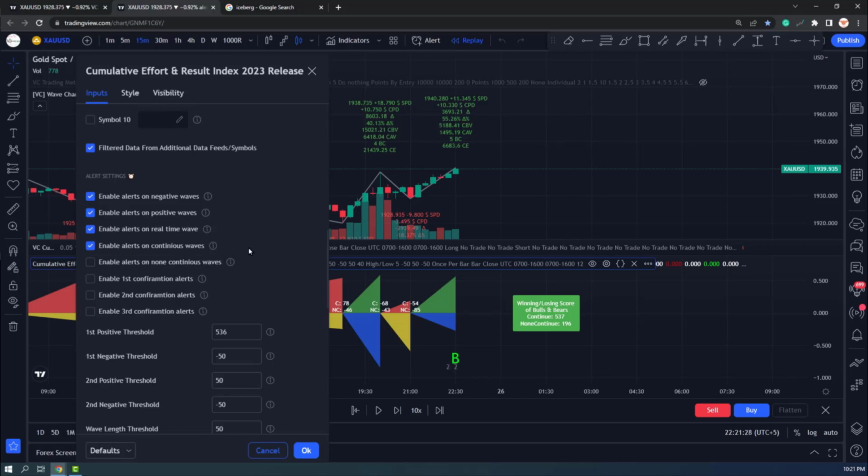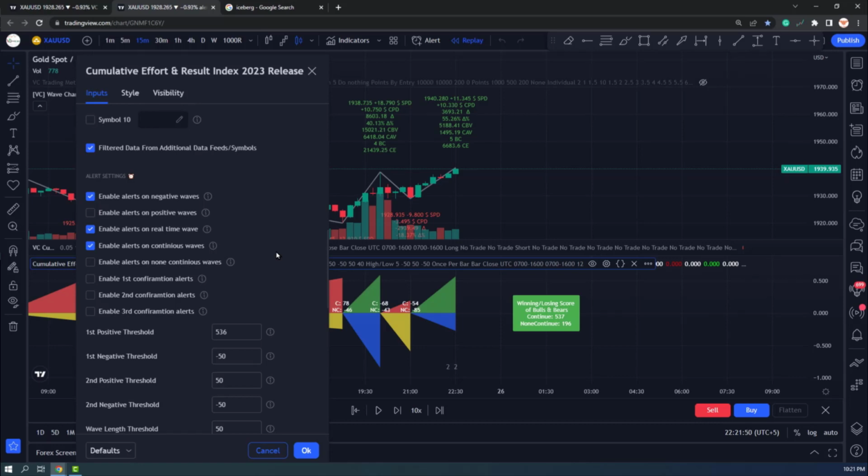The third option here, the second option, enable alerts on positive wave. If I uncheck this, it will still vanish because I have not enabled alert on the positive wave. You see here?